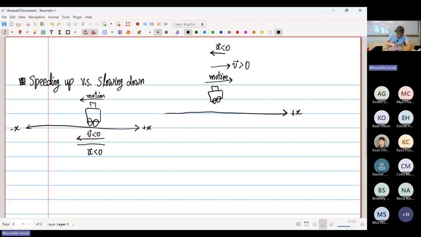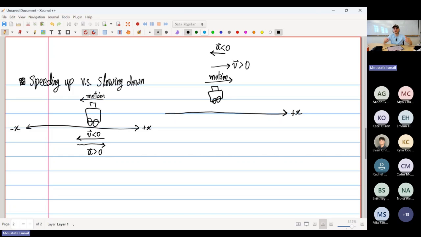And if it's positive, pointing to the right, the car is slowing down. So really, it doesn't matter if the acceleration is positive or negative in an absolute sense. What is physical is the relative direction between the acceleration and velocity.